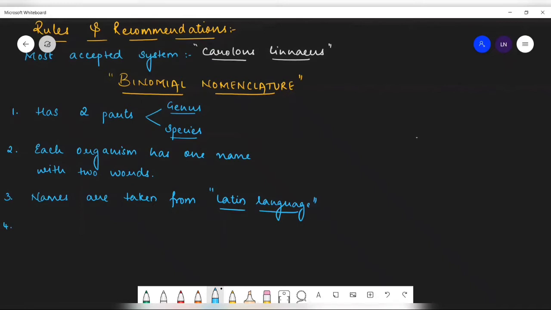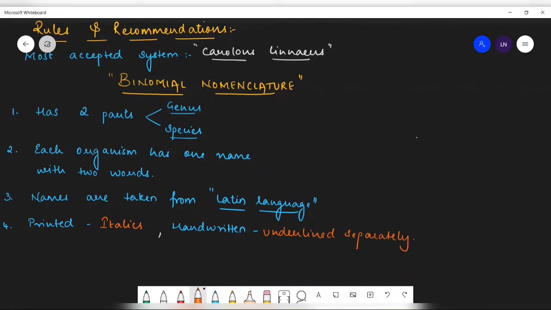Now always remember that when the scientific names are printed, they have to be printed in italics. What do they have to be printed in? Italics. But when they are handwritten, they need to be underlined separately. Clear, all of you?